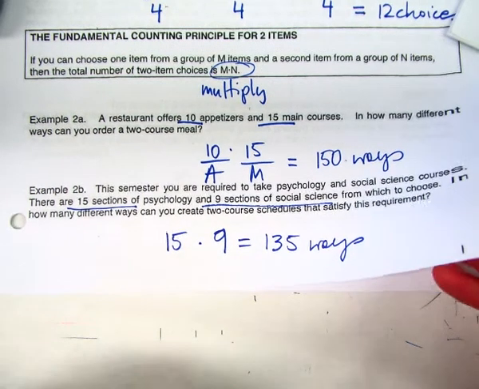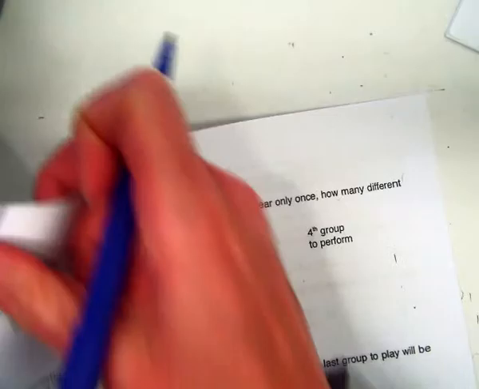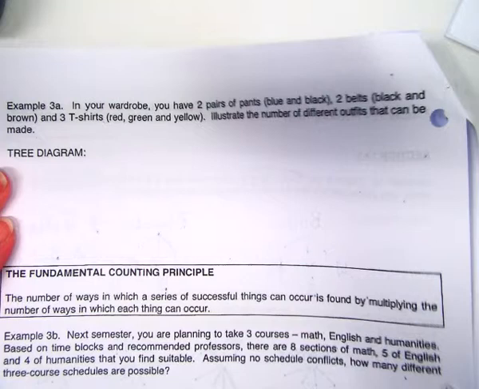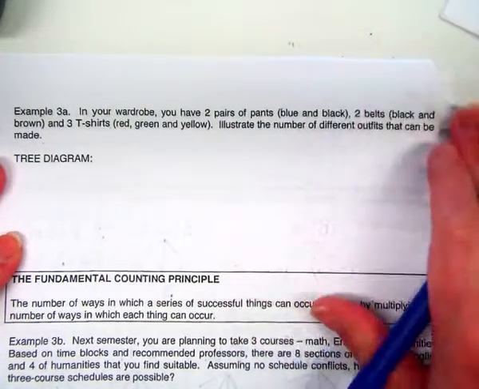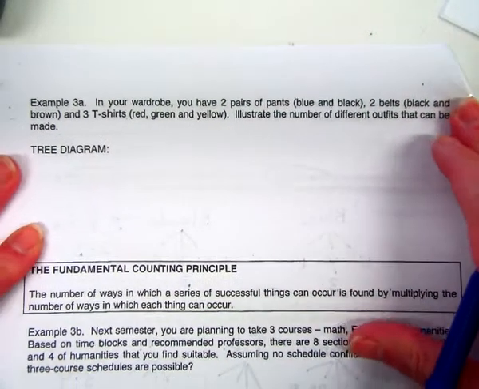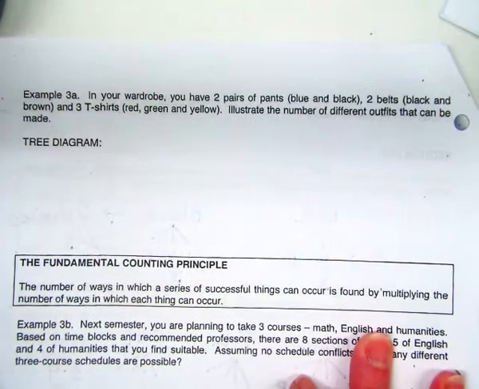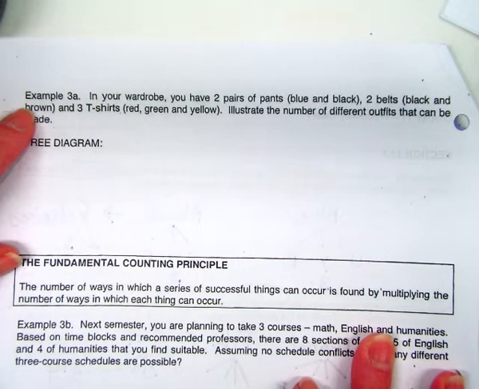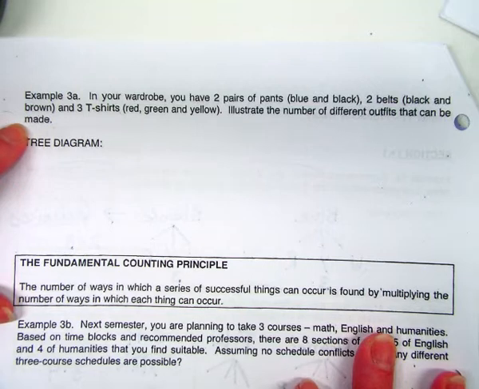All right, let's do a tree diagram for something that has more choices. So now this next person has more clothes to pick from. In your wardrobe, you have 2 pairs of pants, blue and black, 2 belts, black and brown, and 3 t-shirts, red, green, and yellow. Illustrate the number of different outfits that can be made.